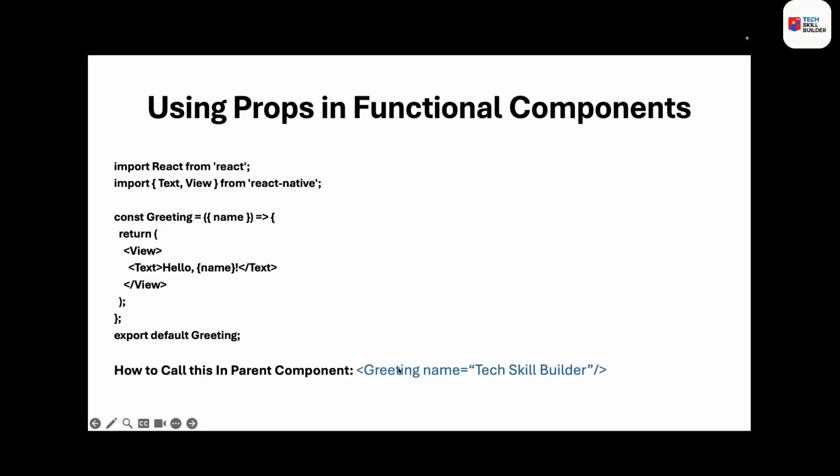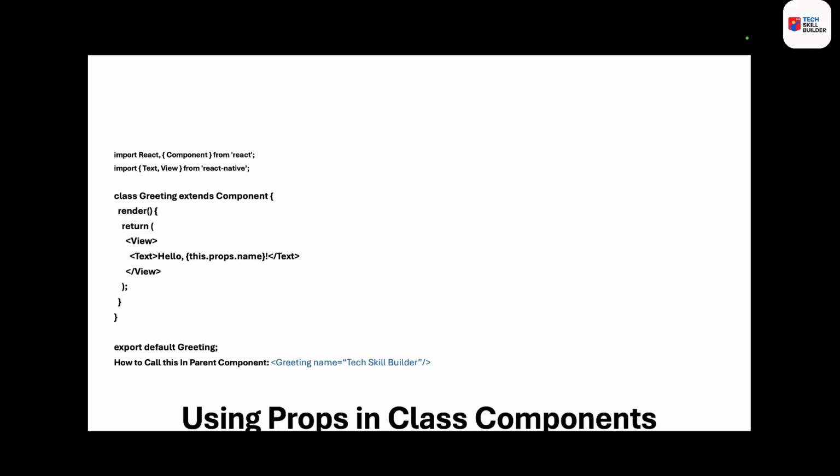You specify the component name and the name that is going to display after hello. This name we pass dynamically. For example, we call this in app.tsx and this is your greeting.tsx. If I call it multiple times with different names, that means we are reusing this component by only changing the name. We'll see that in the example again.